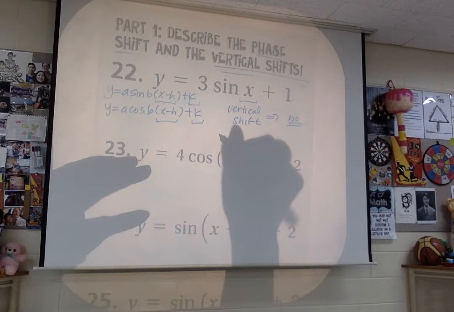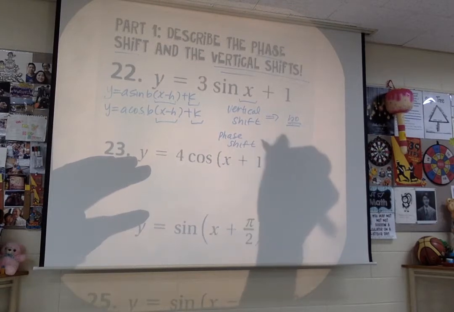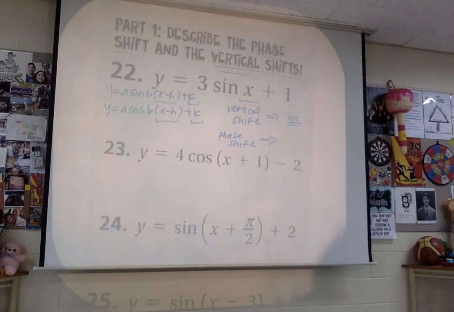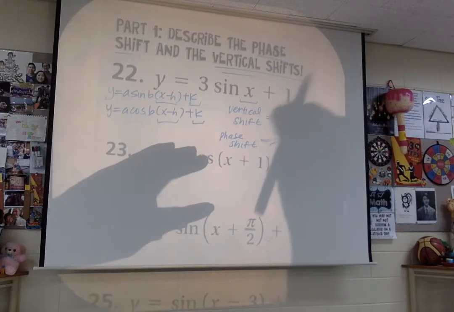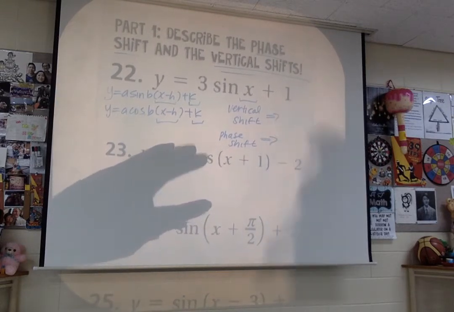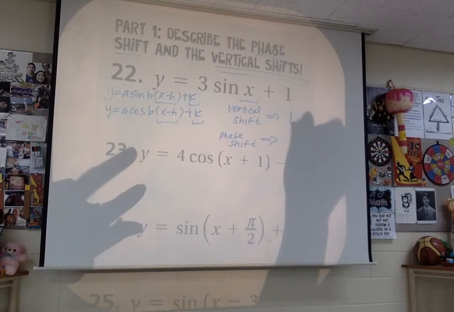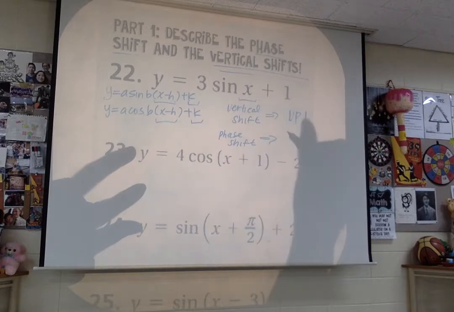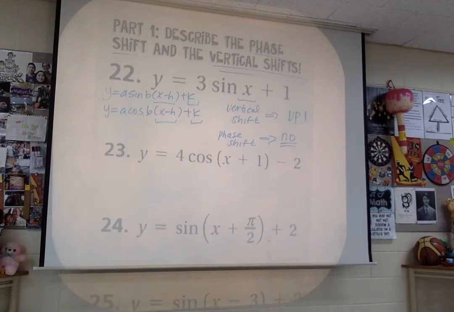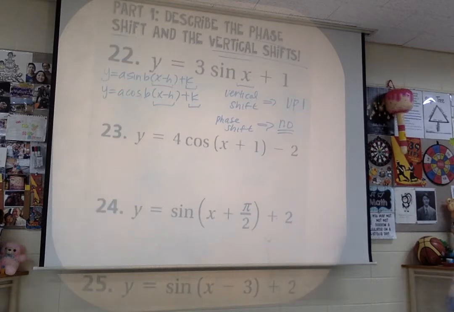But how about the horizontal shift or the phase shift, the book calls it, okay? The vertical shift, there was. Vertical shift, there is 1, right? It went up 1. Phase shift, there is no phase shift. Okay? So go ahead and finish that really quickly. I'll give you some time. Stop the video.